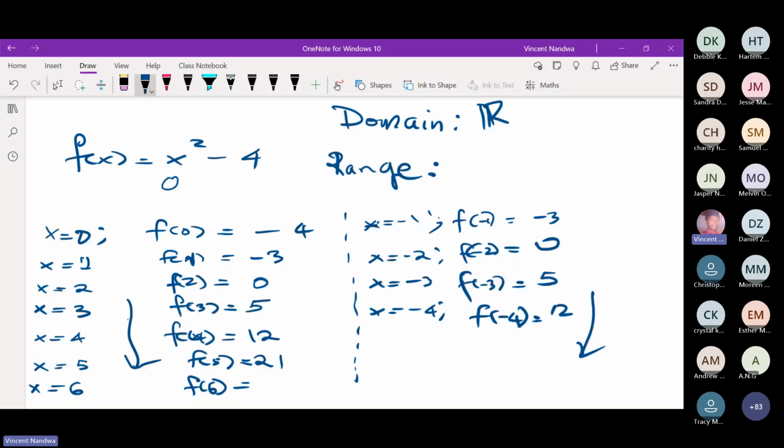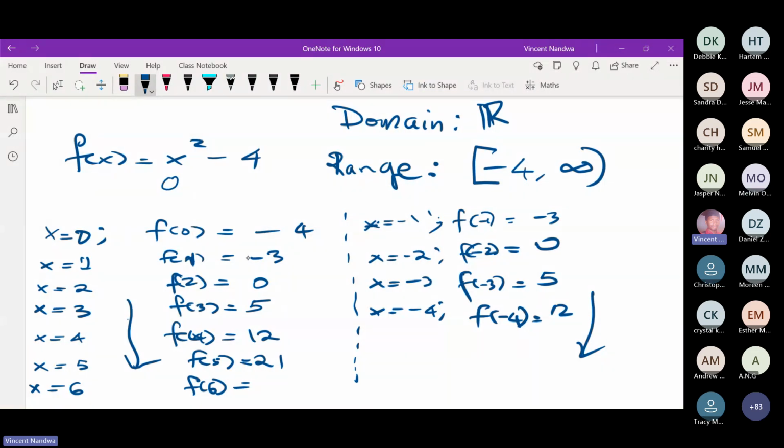So then what can we say about the range now? -4 to infinity. Yes. So the range will be -4 to infinity. The smallest value of this expression, x squared minus 4, when the values of x are picked from the set of real numbers, is going to be -4.